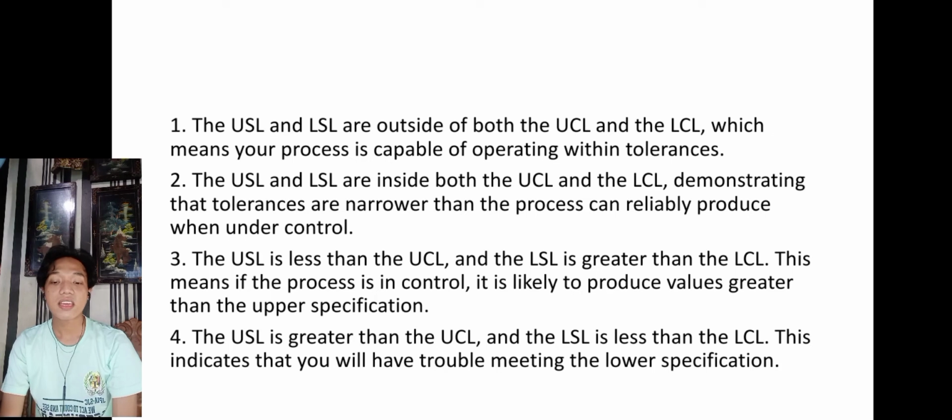This means if the process is in control, it is likely to produce values greater than the upper specification. Last, the USL is greater than the UCL and the LSL is less than the LCL. This indicates that you will have trouble meeting the lower specification.